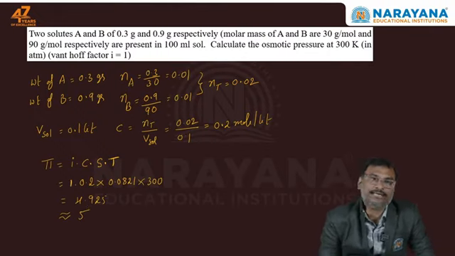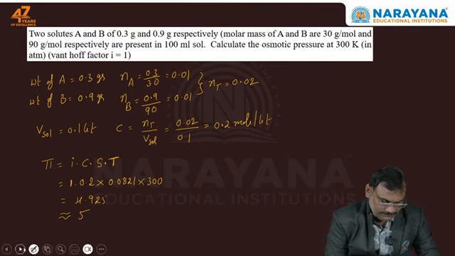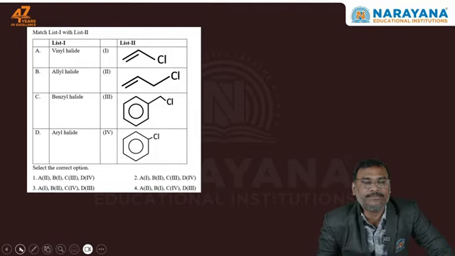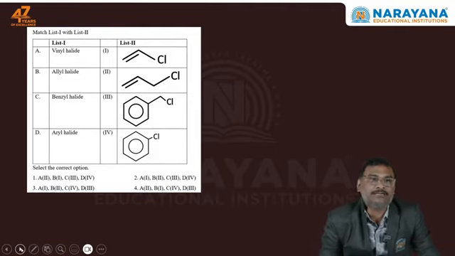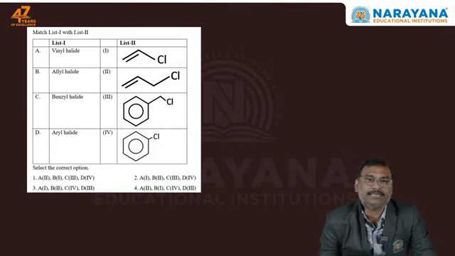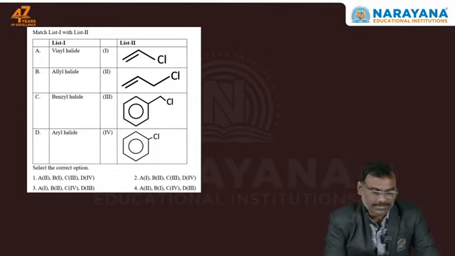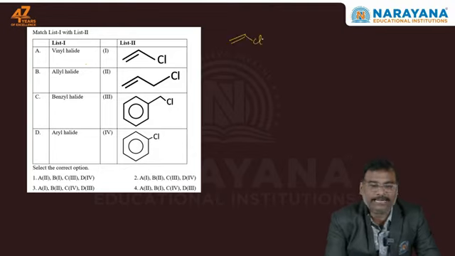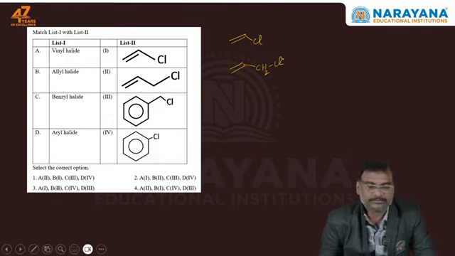Now let us go for the next question, students. The second question is from organic chemistry, that is match list 1 and list 2. They gave some common names for the halides and we match them. Vinyl halide is an sp2 carbon attached to chlorine. Allyl halide is an sp3 carbon, attached to an sp2 carbon, having the chlorine.